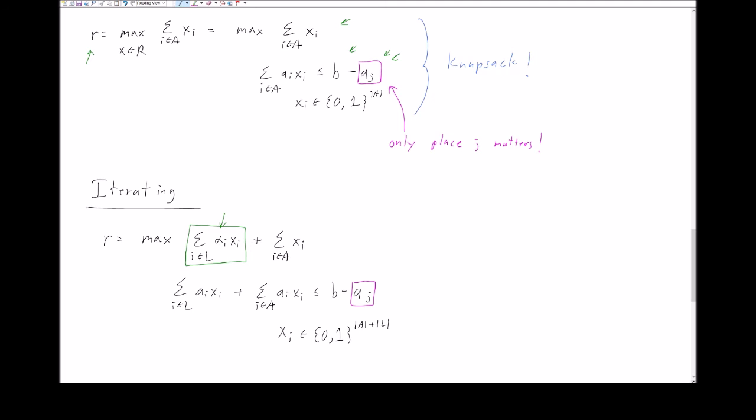We'll call this set of indices the lifted indices and denote it by L. We can solve a new optimization problem where we find the value r that maximizes the sum of the lifted indices plus the sum of our original cover indices, subject to introducing some new constant alpha j. So we can consider, after lifting this constraint once, we can lift it again, and we can continue lifting this constraint, each time including a new index j, and keeping all of the old indices in our objective function indexed by L, the currently lifted indices.